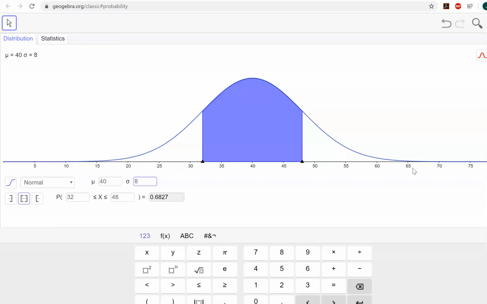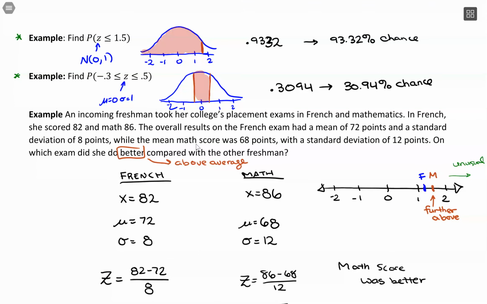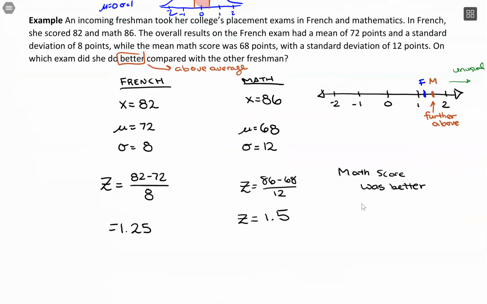If you prefer that method, you would get the same exact answers out in all of the examples we've done so far. But how I'm going to ask questions of you in terms of z-scores is more like this scenario here. And in our participation worksheet, you'll see some scenarios of finding probabilities like we did in these first 2 examples. But really, I'm going to rely on this comparing of 2 different scenarios.